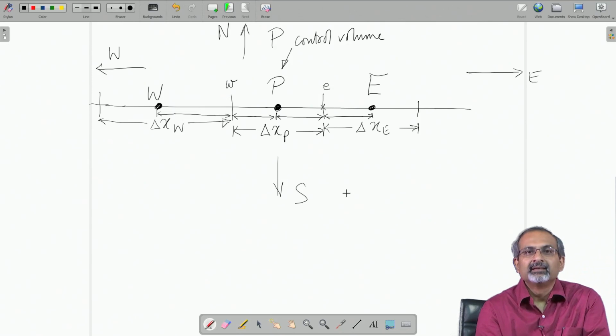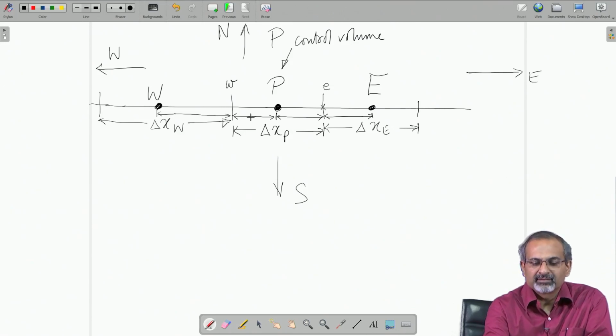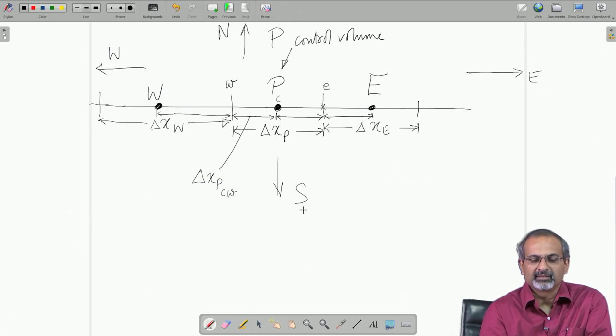So, let us say you are looking at the distance between the node of the control volume P to its west face. You may like to put some nomenclature of your own, saying that this is delta x P, and if this is the center, then it is C w, let us say.